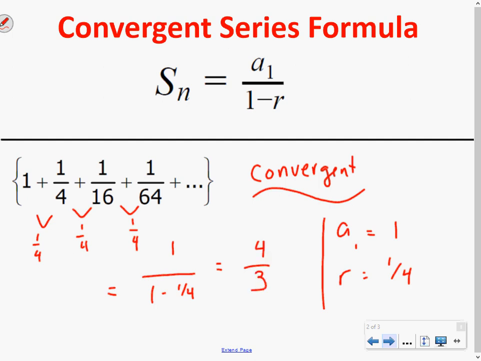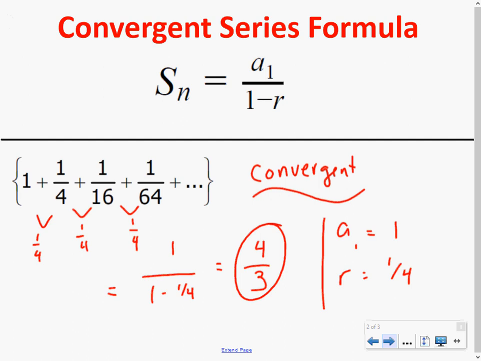Now, what that means, again, remember, is that when we sum up an infinite number of terms within this geometric sequence, it is going to approach a specific value. That value in this case is going to be 4/3.